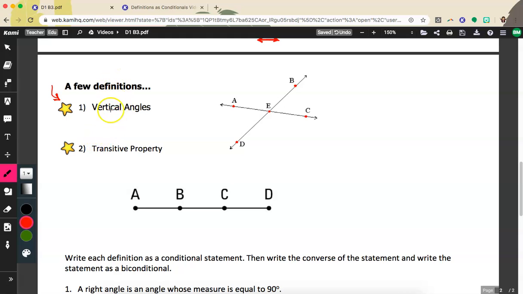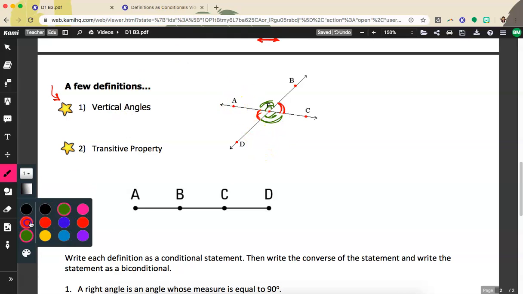Just to give you a quick definition of vertical angles before we write the conditional statement, they're opposite angles formed by intersecting lines. For example, this angle and this angle are vertical angles, right? They're opposite each other. And this angle here and this one here are vertical angles.